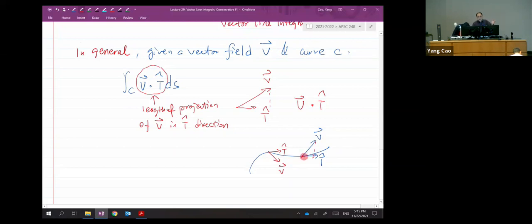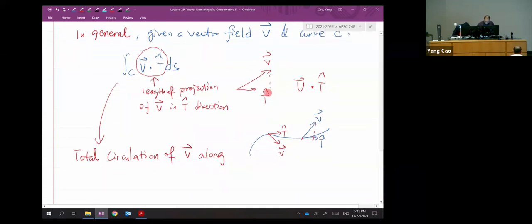If v represents, for example, a flow of water in 3D space, then what you're adding up is the total circulation of this water velocity v along the curve C. That's basically what this vector line integral is doing: adding up the total circulation along this curve C. Circulation of what?